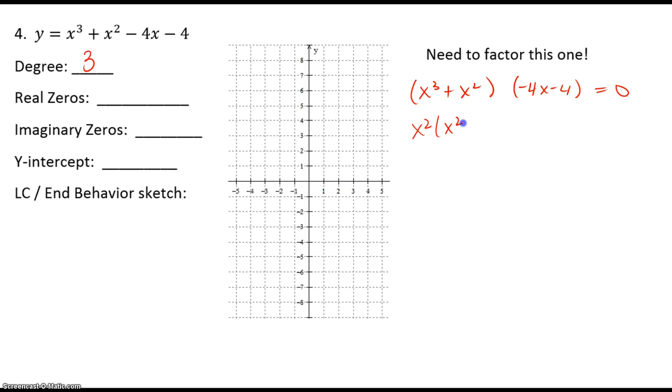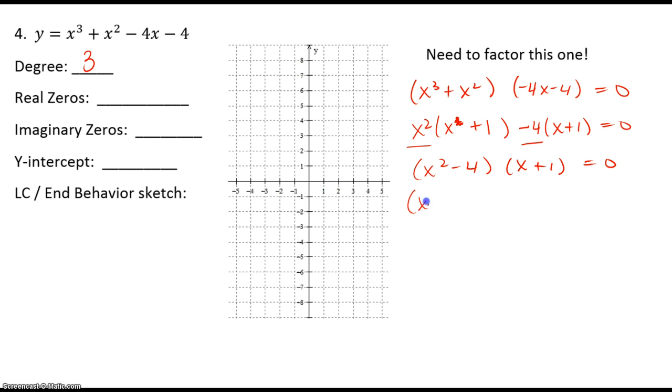Find the GCF in the first two. Oops, no square there, just plus 1. Take out negative 4. I get x plus 1. Continue grouping. I get x squared minus 4 times x plus 1.